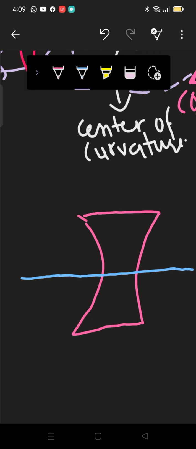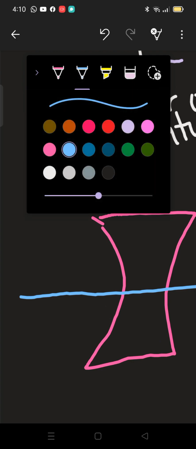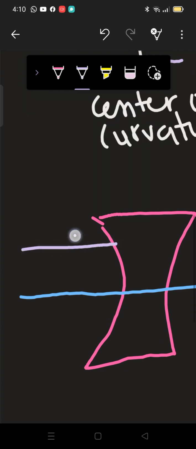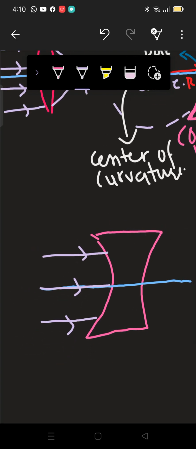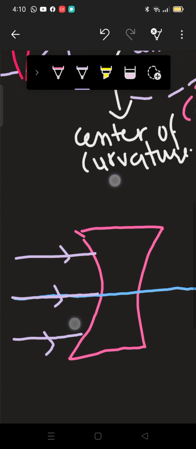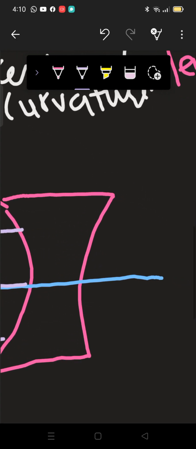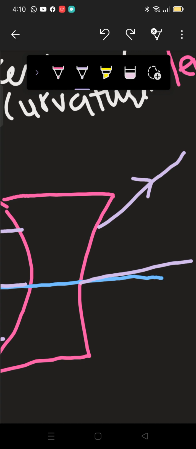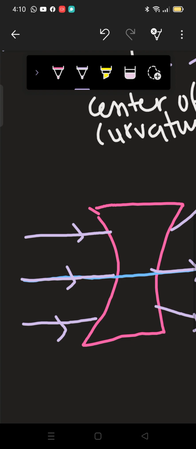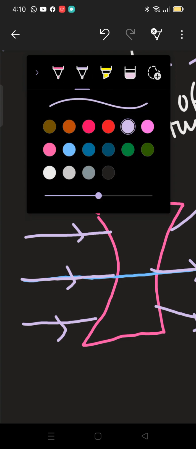As you can see, these are rays from the object. They would diverge, since we know that the concave lens diverges and is also known as a diverging lens. But they would appear to meet, appear to converge. That's why a concave lens makes a virtual image.